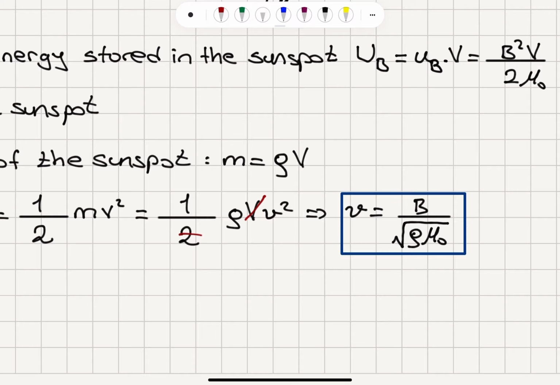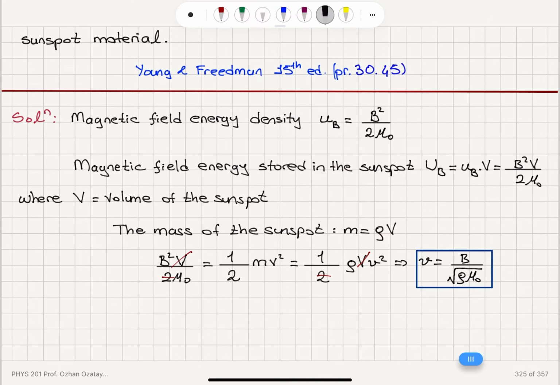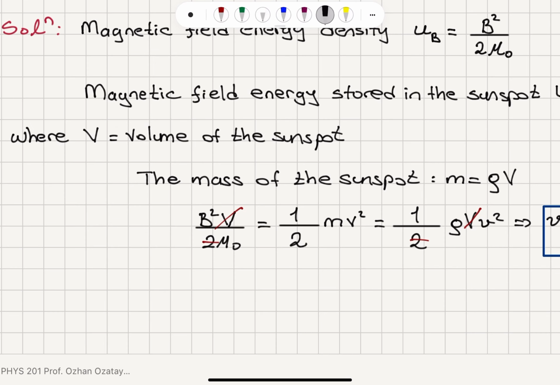Okay, so if I plug in the numbers, let's see what this speed is. The magnetic field in the sunspot is 0.4 Tesla. The density is 3 times 10 to minus 4 kilograms per meter cube. The permeability of free space is 4 pi 10 to minus 7 Henry per meter.